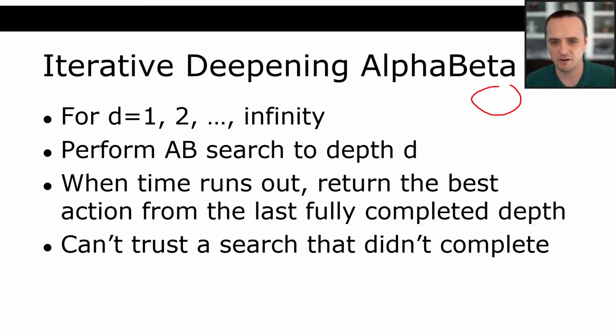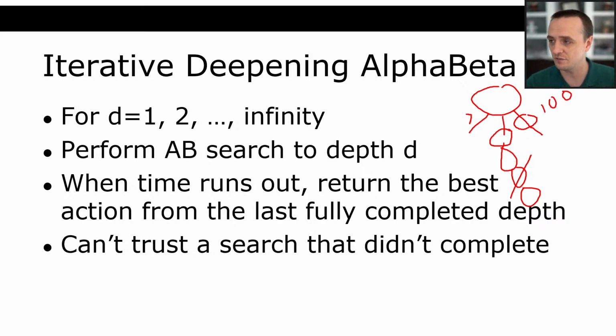Well, if we're up here at the root node, let's say I currently have a value of 7 for this action, and maybe I'm currently evaluating these nodes down here. If I have to stop the search while I'm evaluating these nodes, I have no idea what the value of this node could be. It could be 1,000,000. So if I have not finished that depth of search, then I don't want to trust it. So when the time runs out, I'm going to return the best action from the last fully completed depth.